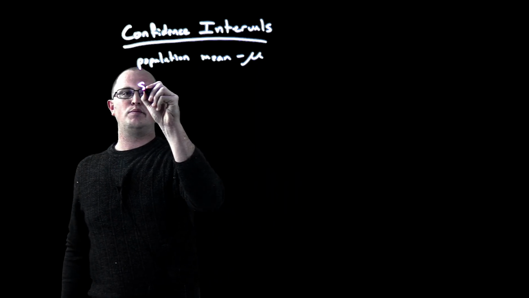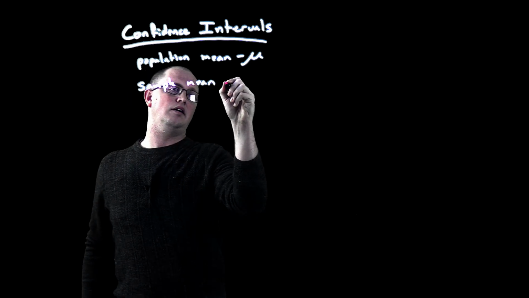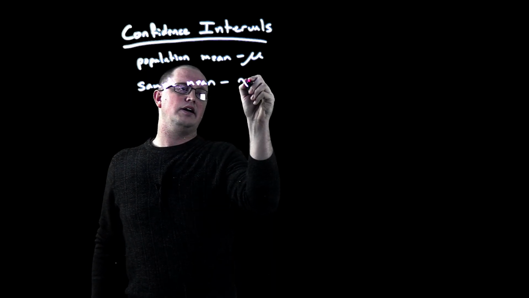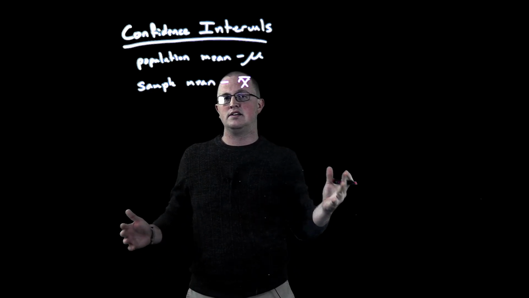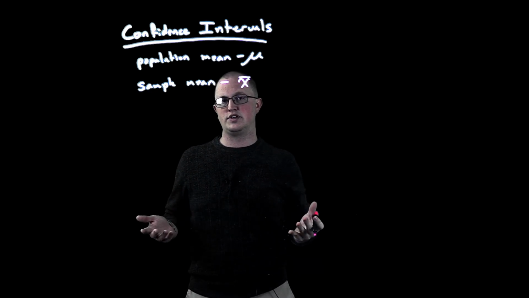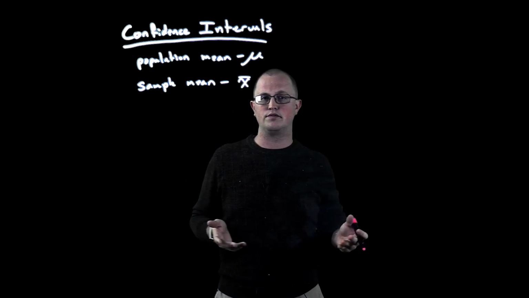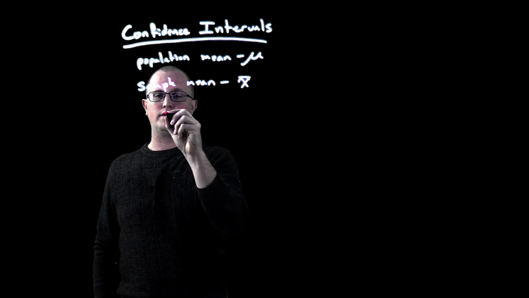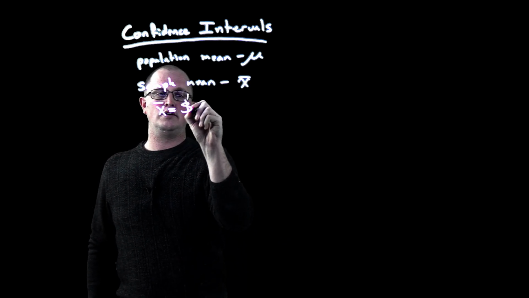And we have a sample mean of x bar. So let's say that out of our sample, we came to an average rent each month for an apartment of $500. So let's say x bar is equal to $500.